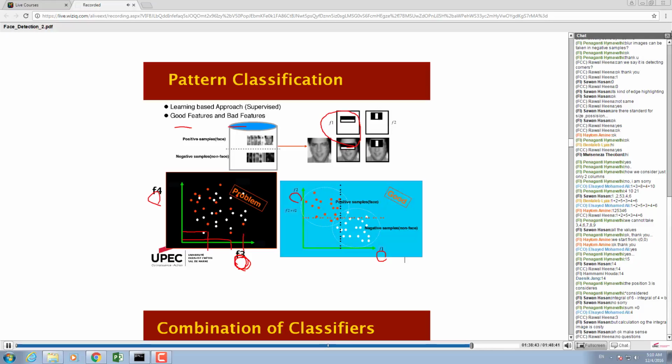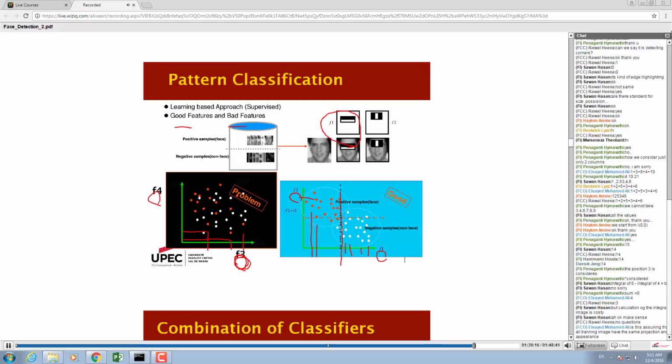If this is a good feature, the face samples can have very small subtraction values, taking a small position, but negative samples have big values. So F1 divides positive and negative using this vertical line.